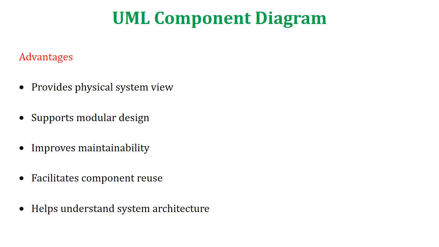The next one is that it facilitates component reuse. Suppose a component is common, in that case we can reuse the component. It also helps to understand the system architecture very efficiently.